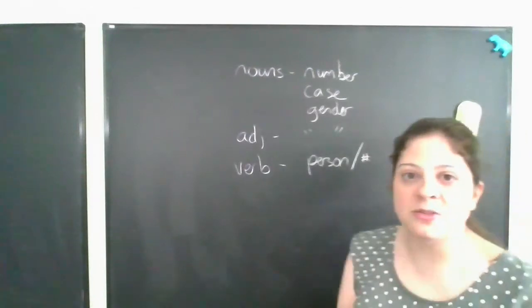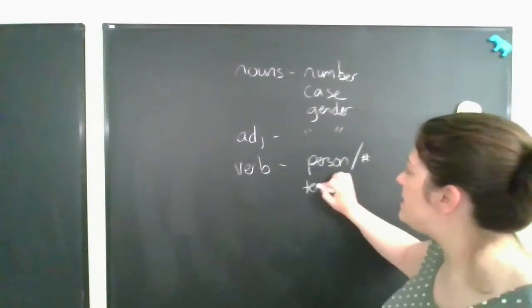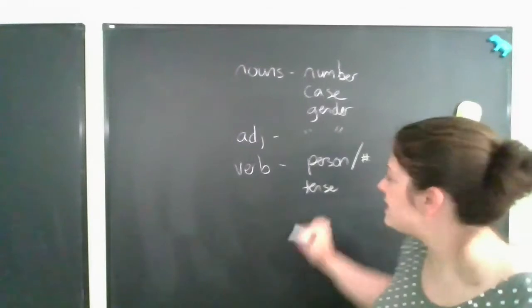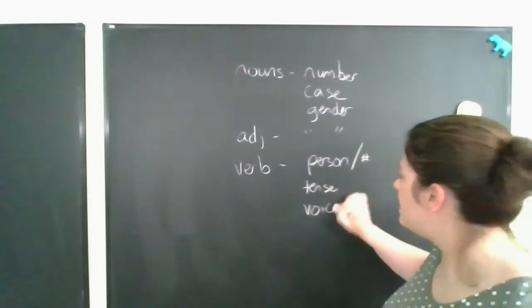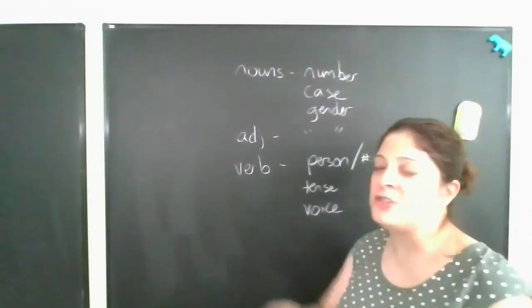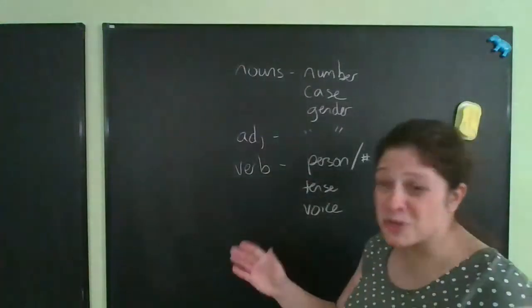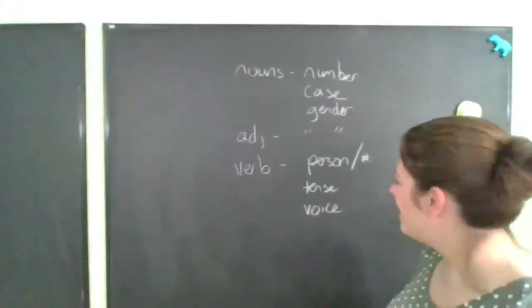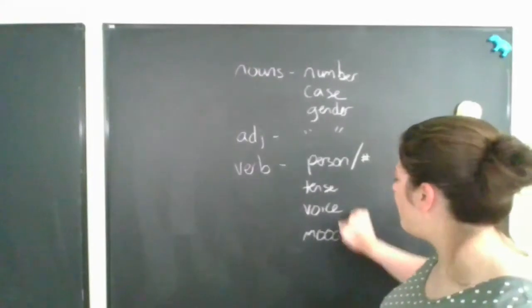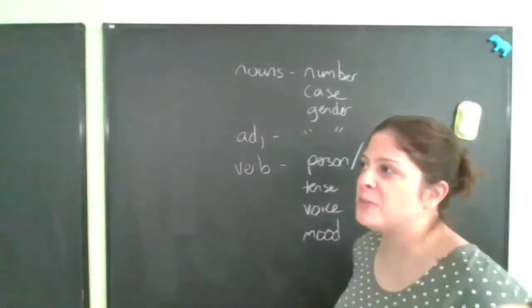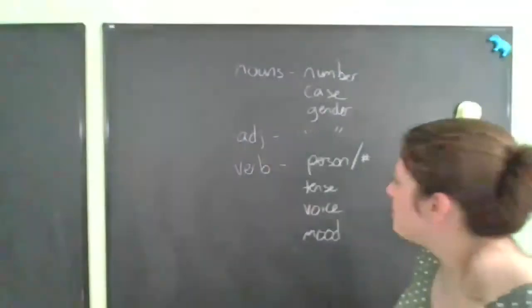Is it I, you, he, she, it, we, you, they? Tense, is it present, future, past? Voice, is it active or passive? I do this, or this is done to me. They actually also have something called a middle. It gets complicated. And then mood, is it a fact, like I do this? Is it a possibility? I might do this, and so on.